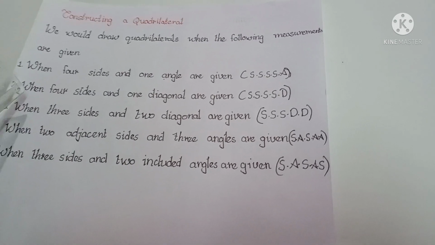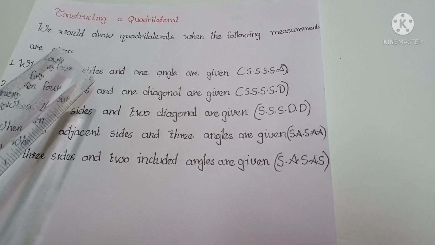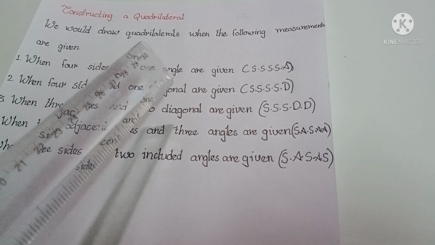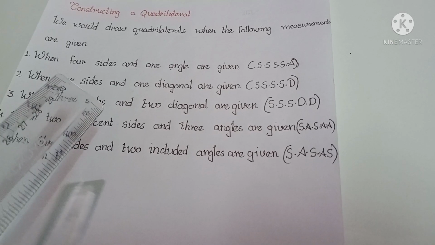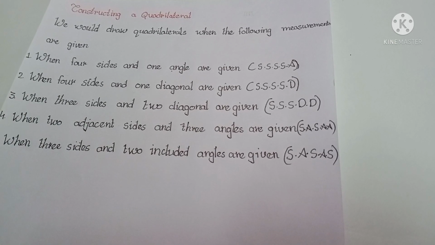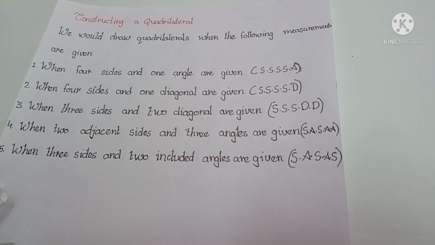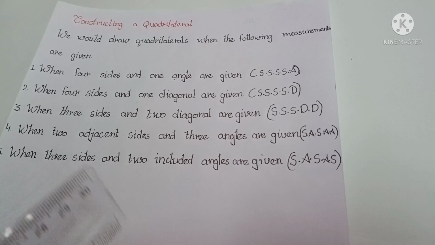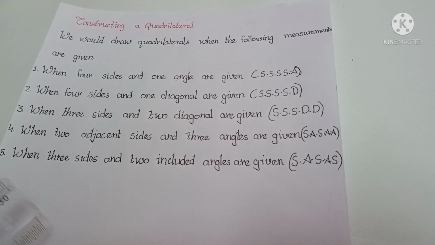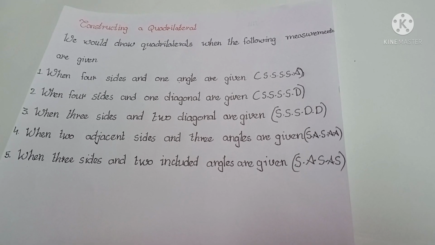First one, when four sides and one angle are given; when four sides and one diagonal are given; when three sides and two diagonals are given. Fourth one, when two adjacent sides and three angles are given. Last one, when three sides and two included angles are given. Write down, children.